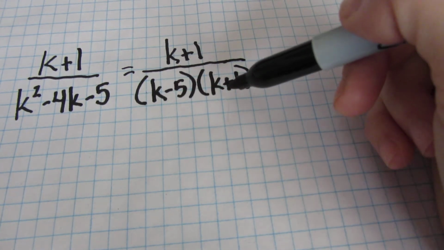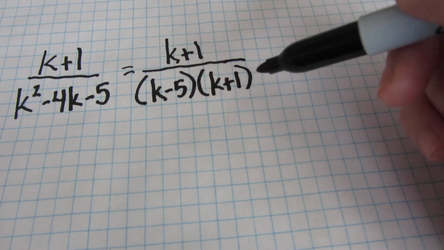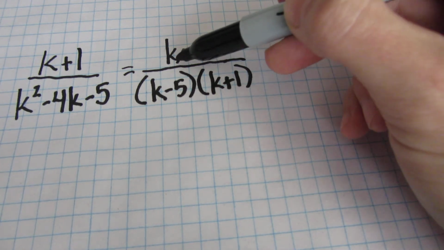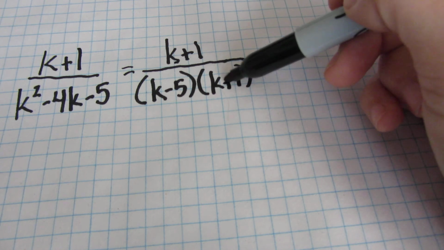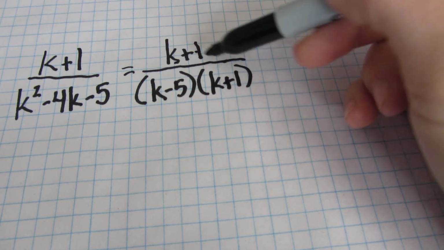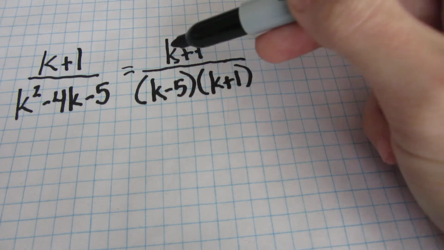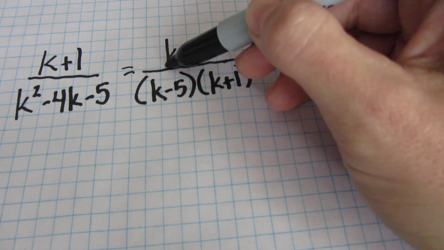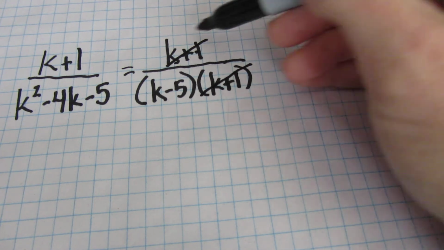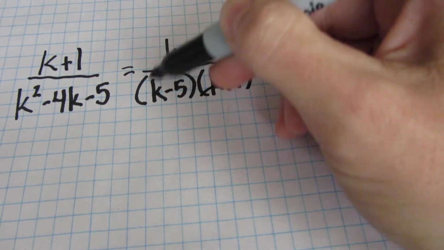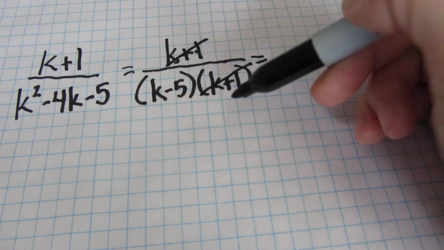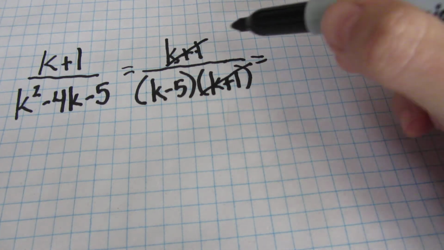And instead of looking for single terms that we can cross out, you'll notice that we have common binomial factors. K plus 1 divided by k plus 1 is similar to 2 divided by 2. They're both 1. So this cancels out and this cancels out. Nothing else that's similar that we can cancel out, so we bring everything back together.